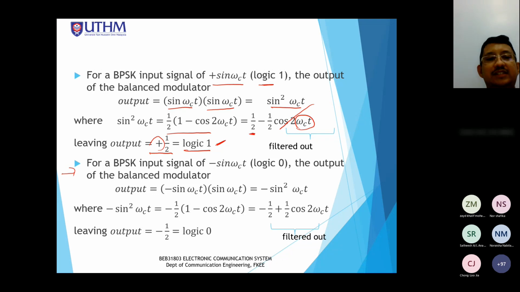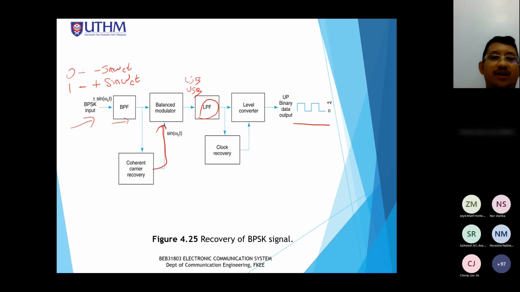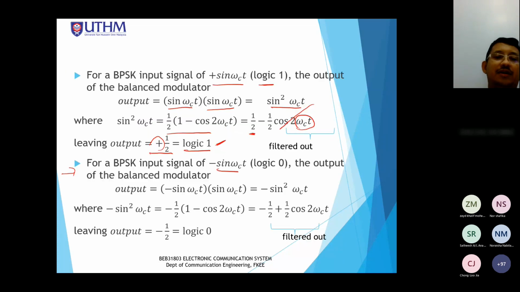And if the BPSK receiver receives negative sine omega ct, what happens? Negative sine omega ct is represented by logic 0.